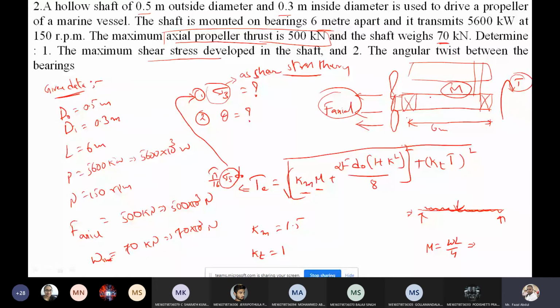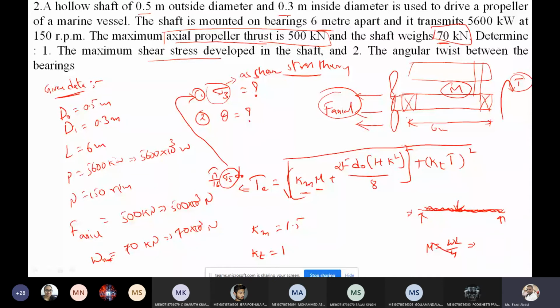So only its self weight is given. Shaft weight is 70 kilonewton. So for that reason, here I'm considering the shaft weight as a UDL, uniformly distributed load.